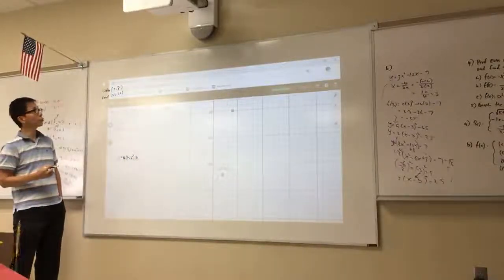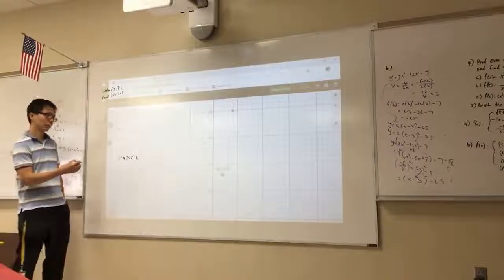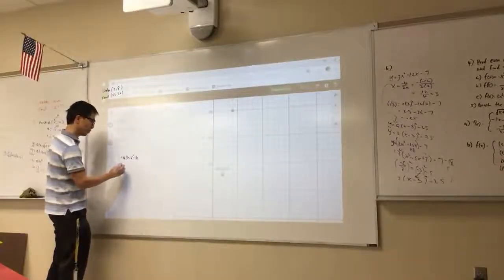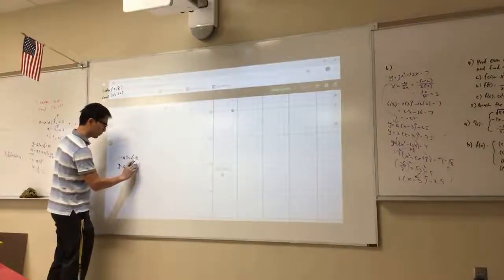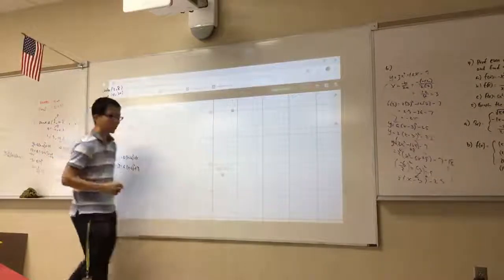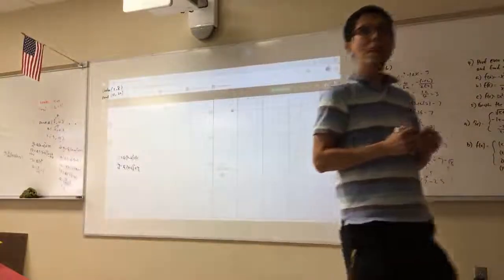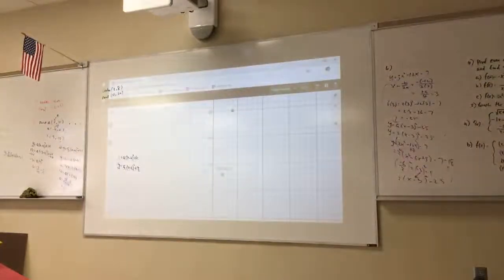So we can plug in 4, 20 or 2, 8? 2, 8. Okay, let's plug that in. Now this is not done yet because we don't know the value of a. So I'm going to plug in an equation like this: a parenthesis x minus 2 parenthesis squared plus 8, and then we're going to add a slider for a.